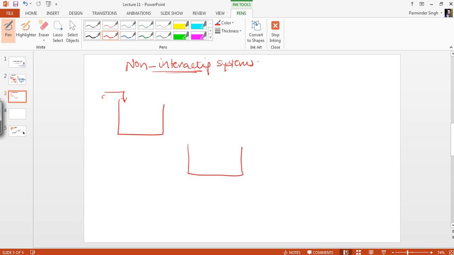Tank 1, input Q, resistance is R1, flow rate is Q1, resistance is R2, flow rate is Q2. The height in tank 1 is h1 with the cross sectional area a1. Height in tank 2 is h2 with the cross sectional area a2. Clear?